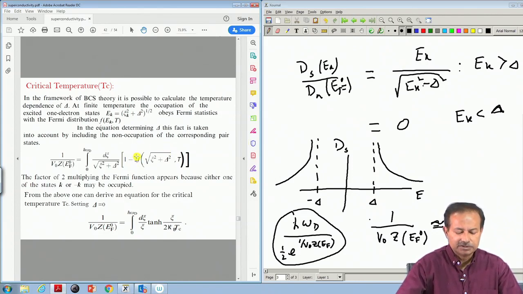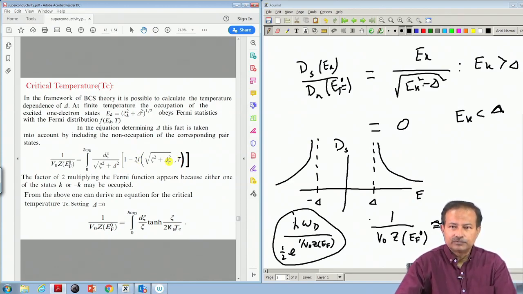That is why the factor 2 comes. Suppose you want to find out the probability of the absence of an electron at a particular energy E, then that will be 1 minus f of E, 1 minus the Fermi function of E. Here it will be 1 minus twice f, the Fermi function of this energy E of k, and that is what you have to multiply this quantity by.